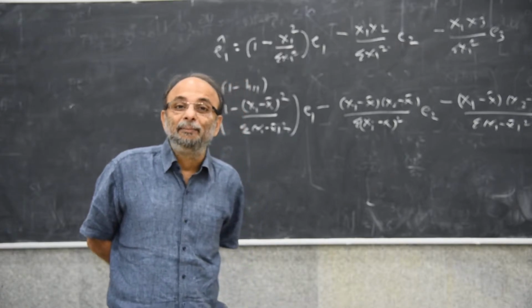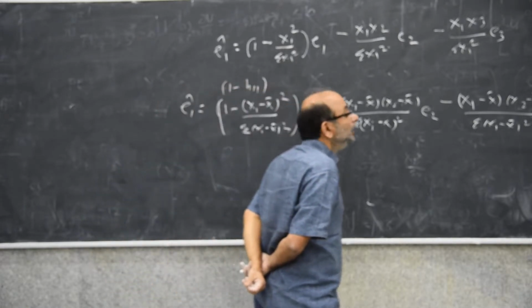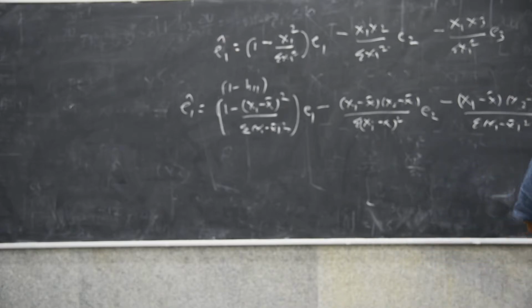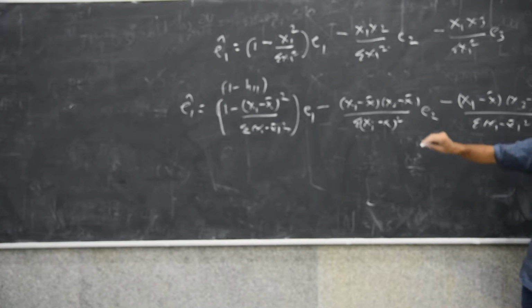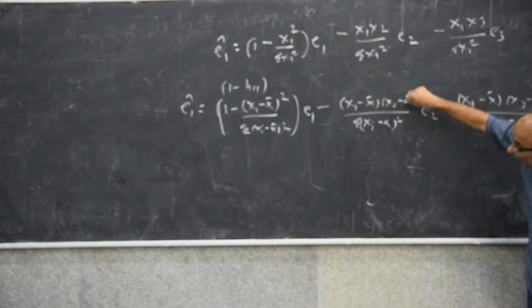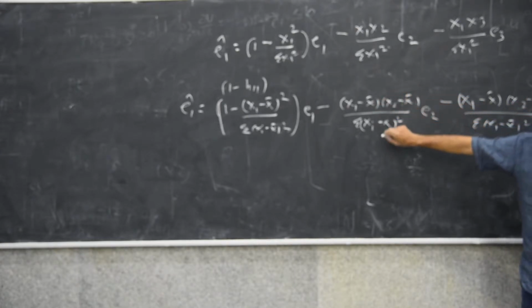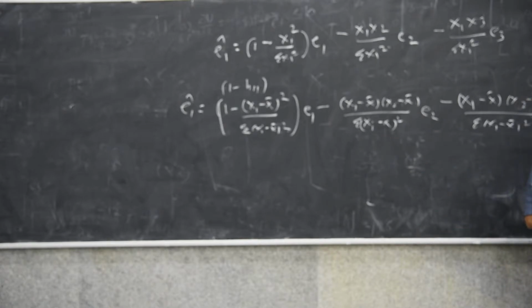So it says the impact of E2 on E hat 1 will depend upon the volume of E2, how large E2 is, and the covariance of the first and the second observation relative to the total variance in X.